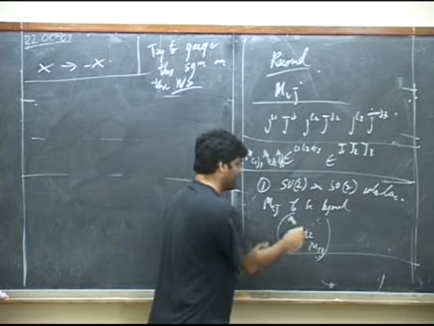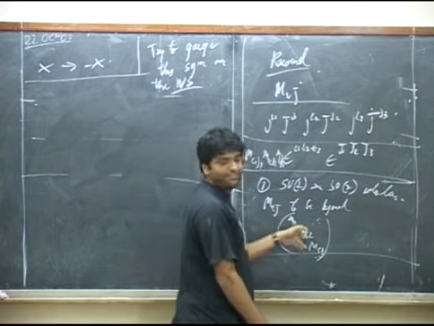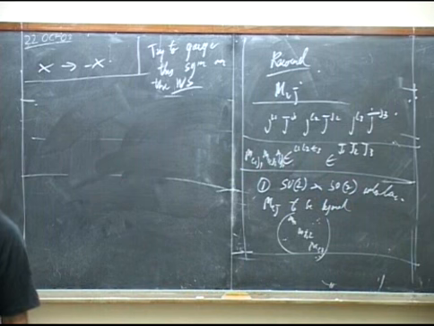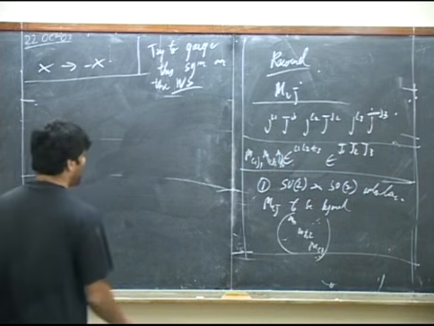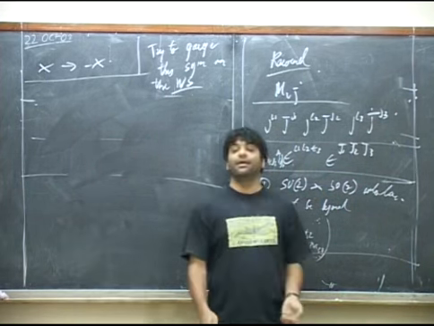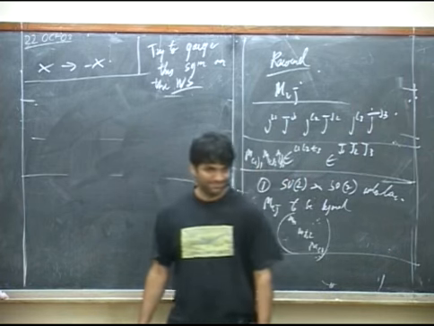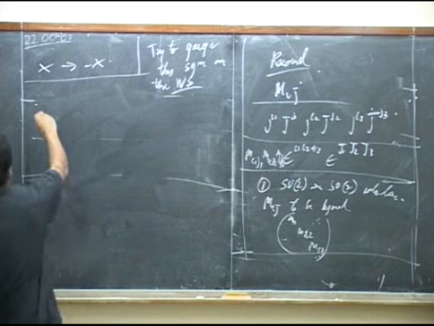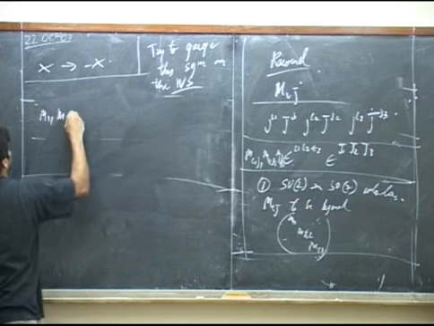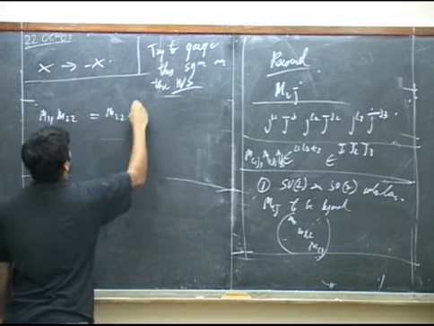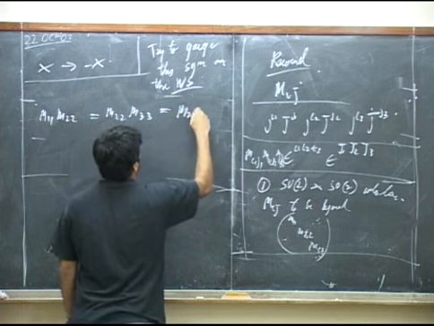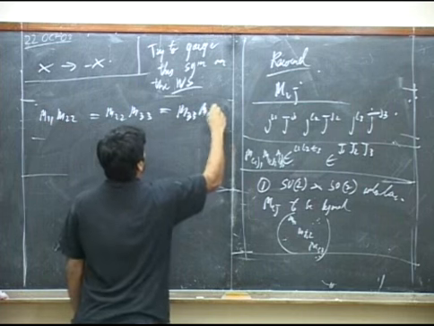So let's look at the equation of motion that comes from m11. It's a product of m22 and m33 in this configuration. So the equation of motion that comes from m11 tells us that m22 times m33 is equal to 0. Similarly, we get three other equations: m11 m22 = 0, m22 m33 = 0, m33 m11 = 0.